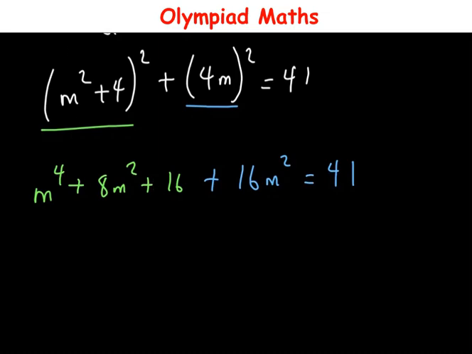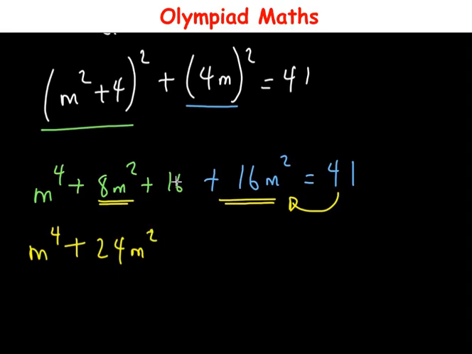Then the next thing is to move 41 over to this side. So this becomes, we have m raised to power 4, then plus 8m squared plus 16m squared is simply plus 24m squared. Then we have plus 16. 41 comes to this side, minus 41 equals to, here becomes 0.